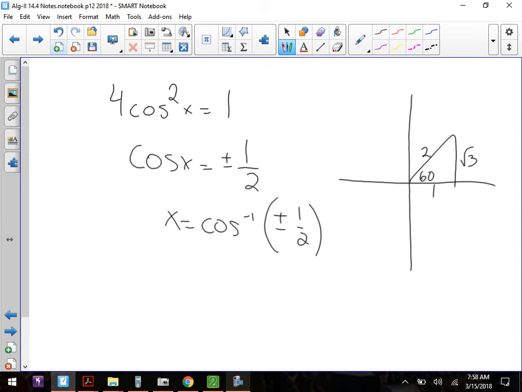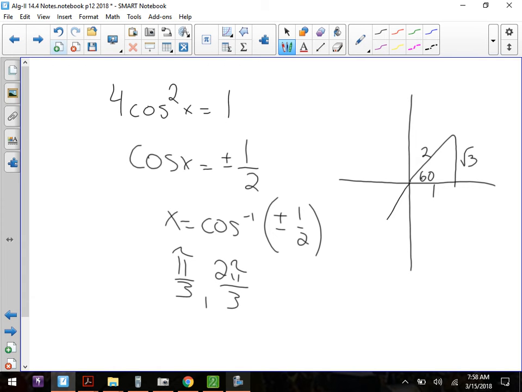Okay? It being plus or minus means it's going to be every angle in all 4 quadrants that has a reference angle of 60, or pi over 3. So if I move it around, pi over 3 is my angle in the first quadrant. Having a pi over 3 reference angle in the second quadrant gives me a terminal side angle of 2 pi over 3.